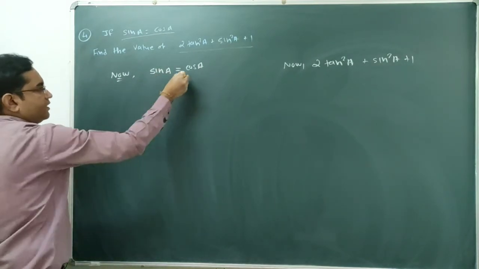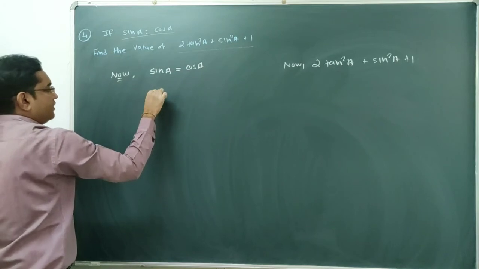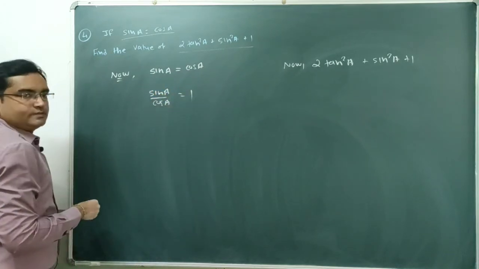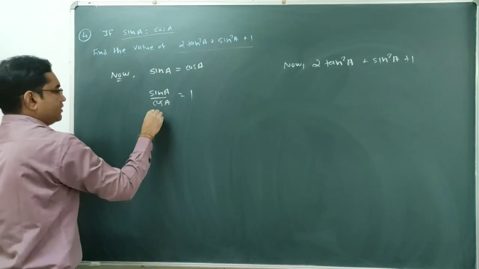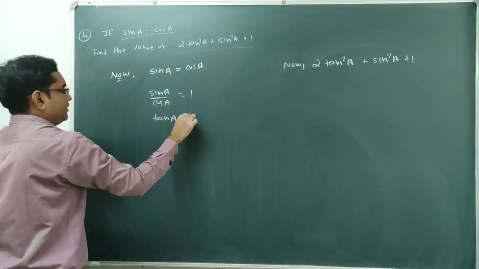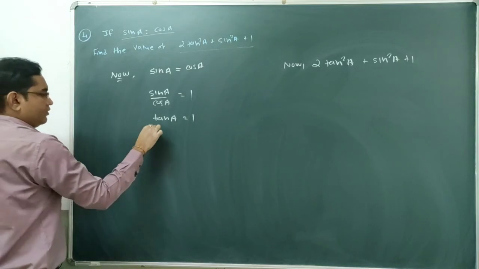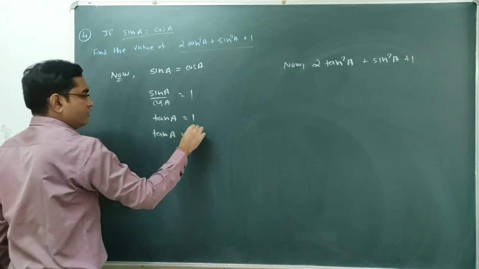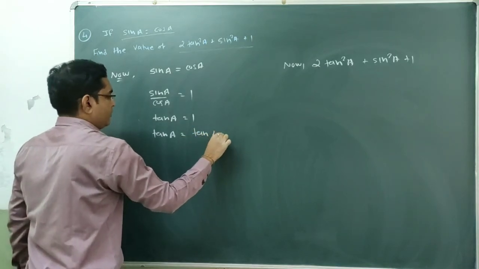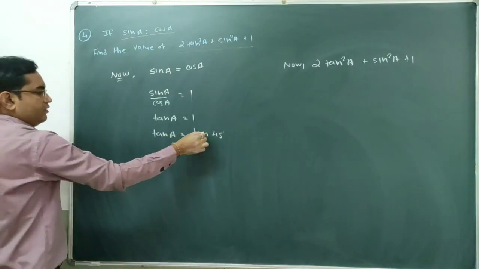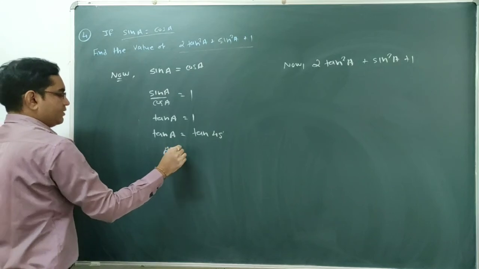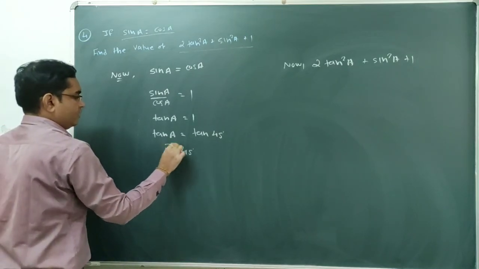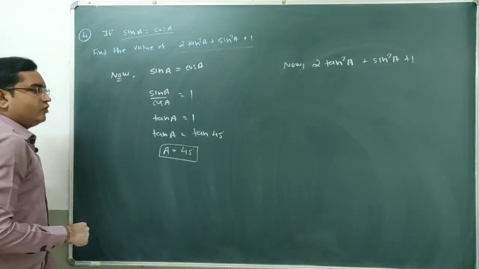Taking this cos A in the denominator, we have sin A by cos A equal to 1. So this sin A by cos A is nothing but tan A equal to 1. So we know that tan 45 degree is equal to 1. Therefore, on comparison we can say the acute angle A will be 45 degree. So A is 45 degree.